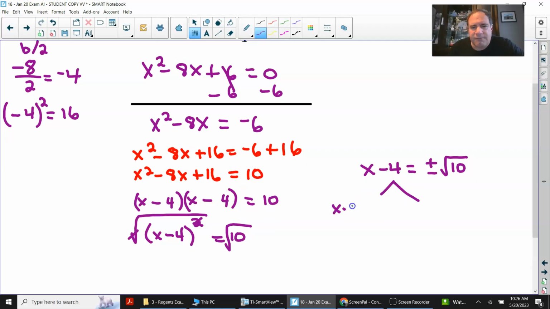I'm going to have x minus 4 equals square root of 10. And then I'm also going to have x minus 4 equals the negative square root of 10. Because remember, we're solving for the solutions, right? So I'm going to add 4 to both sides.